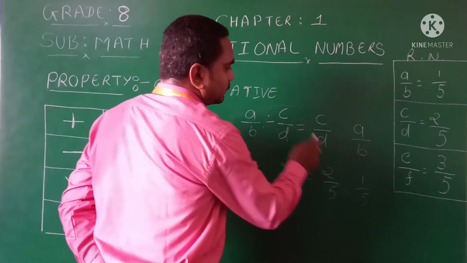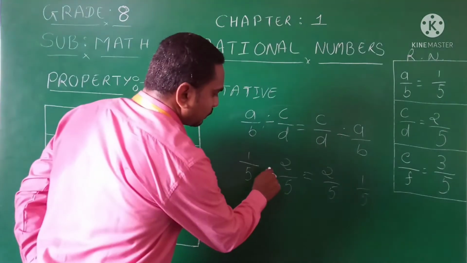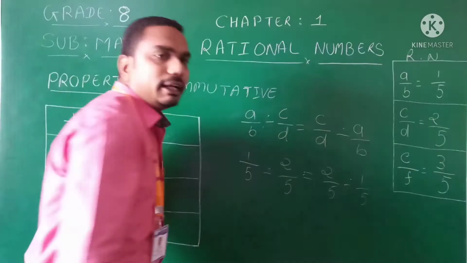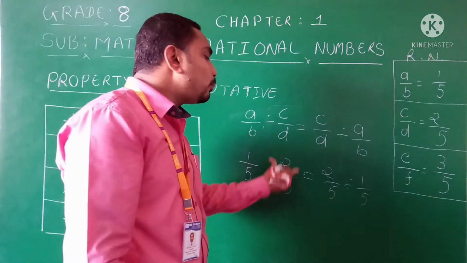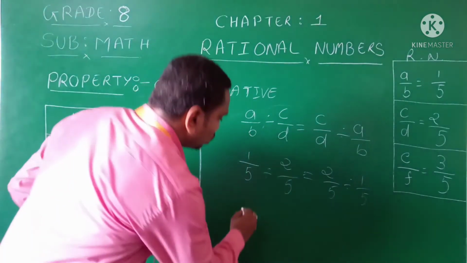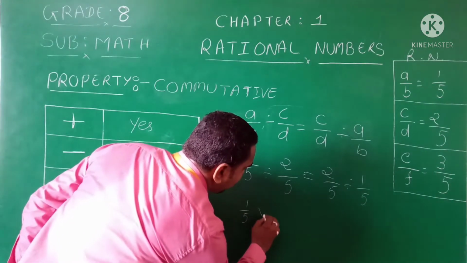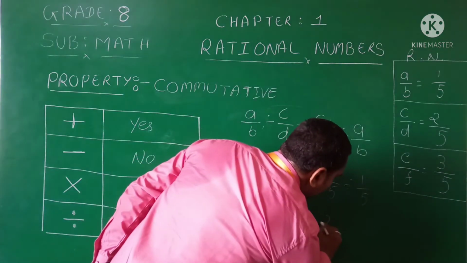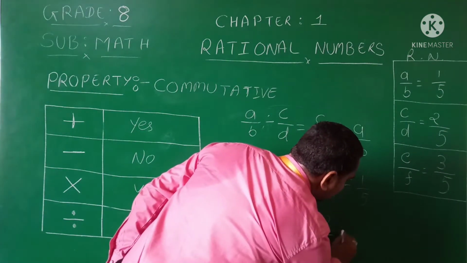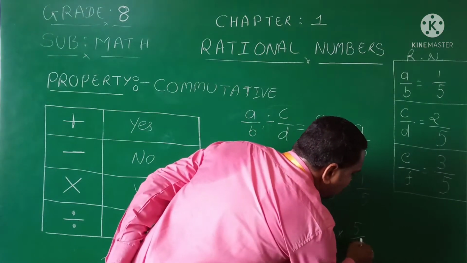Now let's move ahead for the division. For the division, we already know that we will take the reciprocal of the second term. So 1 upon 5 multiplied by 5 upon 2. Here 2 upon 5 multiplied by 5 upon 1.